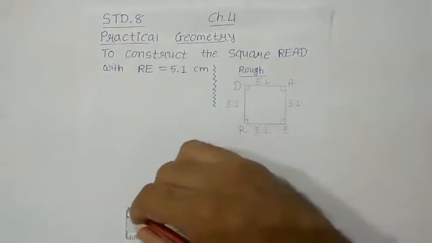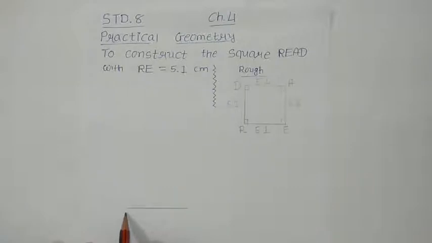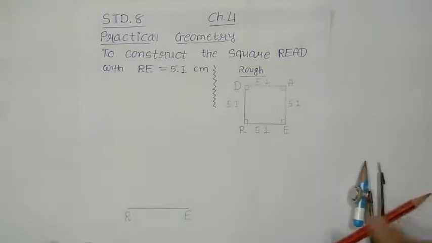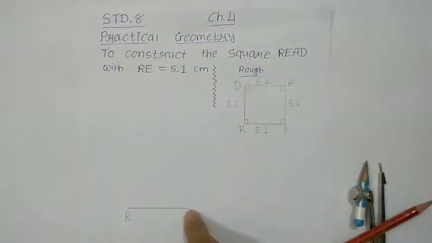Okay, give it the name. One point is R and the second one is E, right? Now what we have to do is construct a 90-degree angle at point E and point R. At both points we have to construct a 90-degree angle.